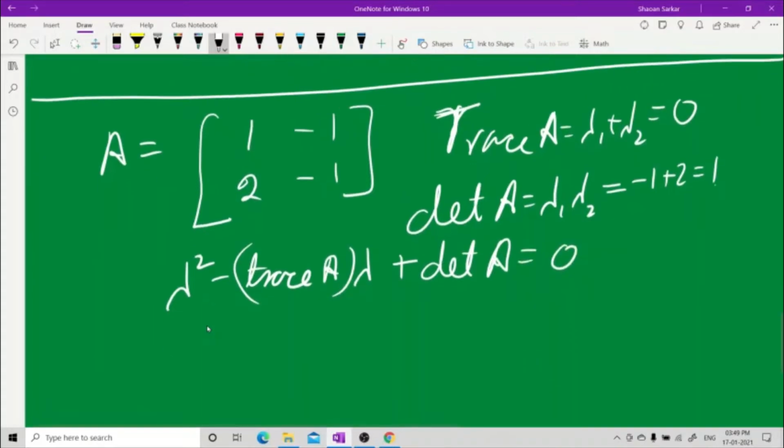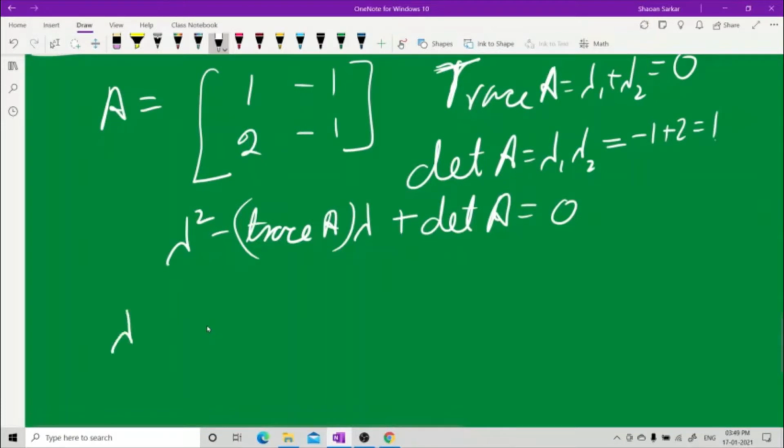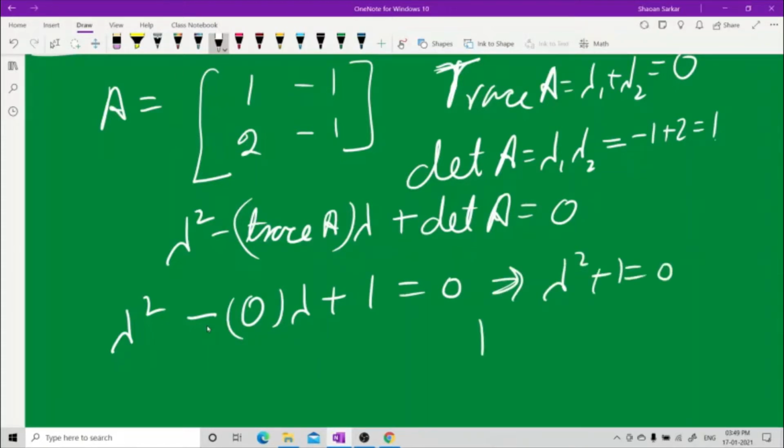Now you put the values, lambda square minus 0 lambda plus 1 equal to 0. You get lambda square plus 1 equal to 0. As usual I get plus iota and minus iota, the eigenvalues.